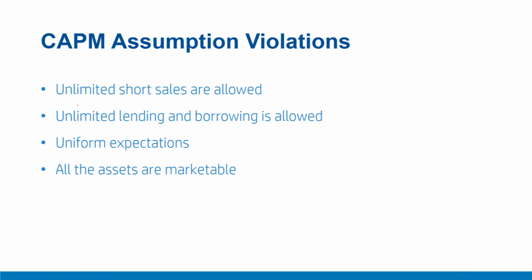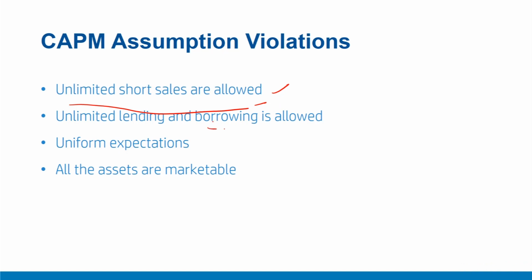Next, CAPM assumes that unlimited short sales are allowed, that one can short sell an unlimited amount of security. However, different markets restrict short selling through different regulations, and most of the markets do not allow short selling in a fully free manner. So this assumption is also not exactly a depiction of real life scenarios.